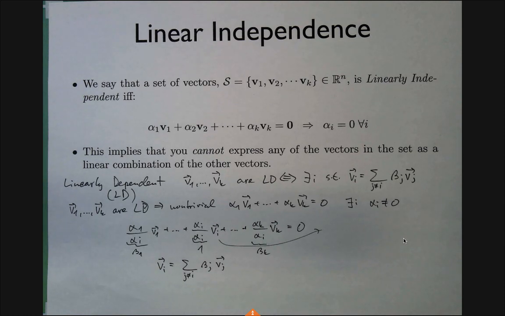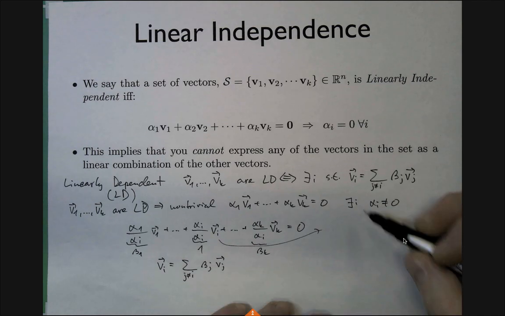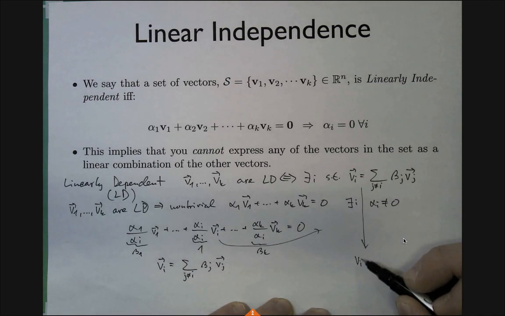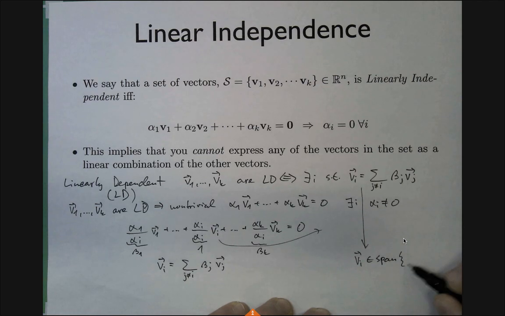I guess that's why it's called dependent. Another way of writing this would be to say that vi is in the span of v1, up to vi minus 1, vi plus 1, up to vk. So I skip this one and it's in the span of the remaining ones.